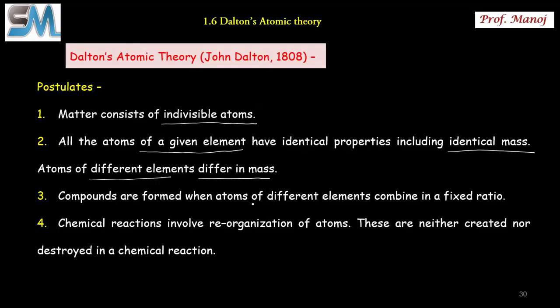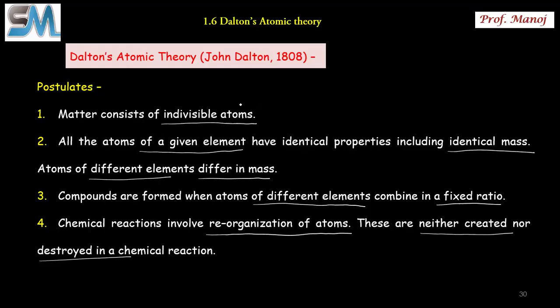Compounds are formed when atoms of different elements combine in a fixed ratio. Chemical reactions involve merely reorganization of atoms. Atoms are neither created nor destroyed. Let us analyze all the points after we have just read it once.